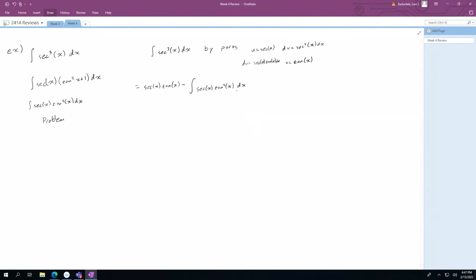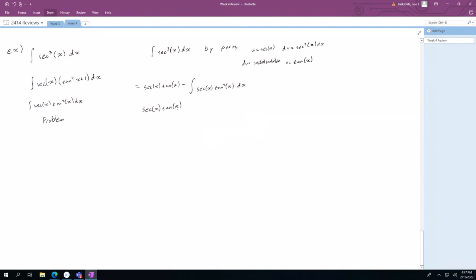Actually, we're not going to do integration by parts again. What we're going to do is apply one of our trig rules. There are multiple ways we can solve an integral.